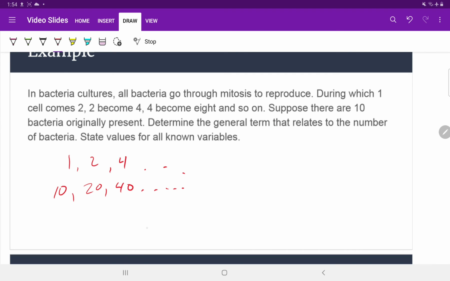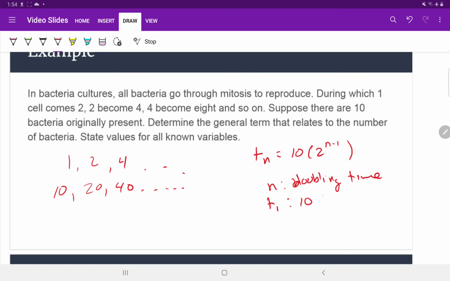State all known variables. So this is actually going to be pretty straightforward. So I can just say Tn is equal to 10 times 2 to the n minus 1, where n is how long it takes to reproduce, the doubling time.